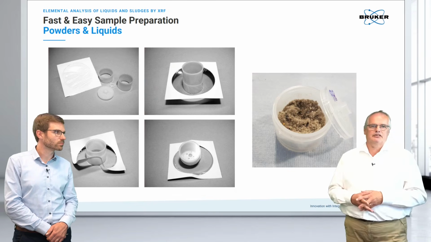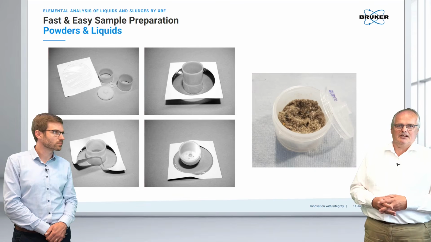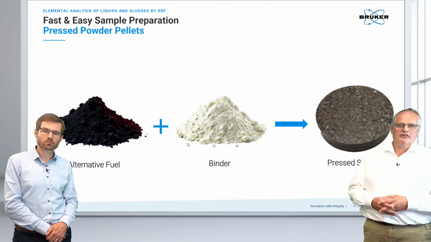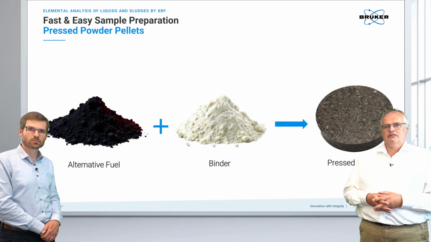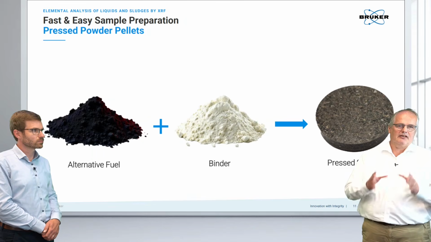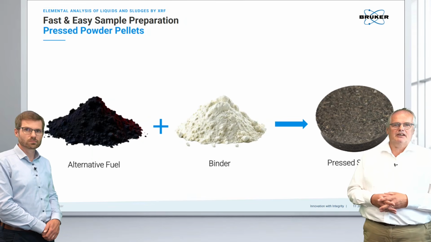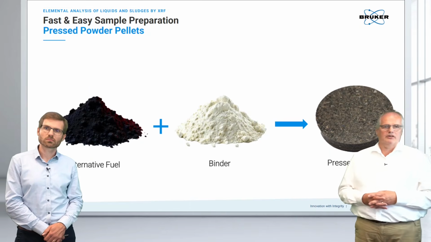This makes the material brittle, and then you can easily grind it and fill it into a polymer cup. The other method, of course, is to take the powder, which is carbon-based, use binder, and then form a stable pressed pellet. And those two ways typically go hand in hand.